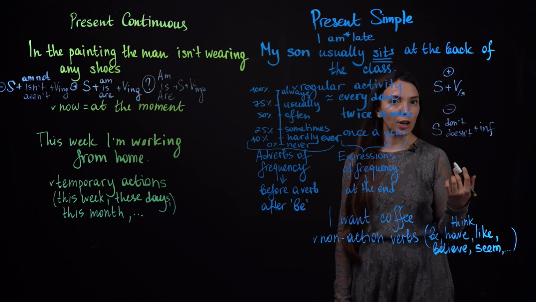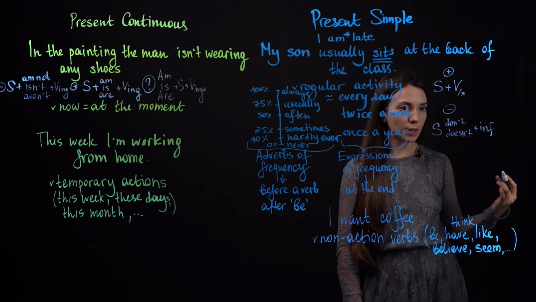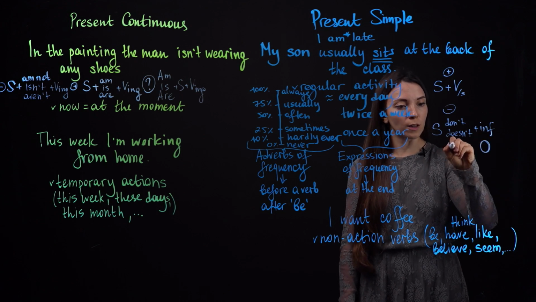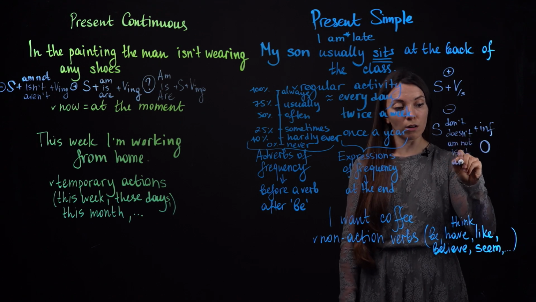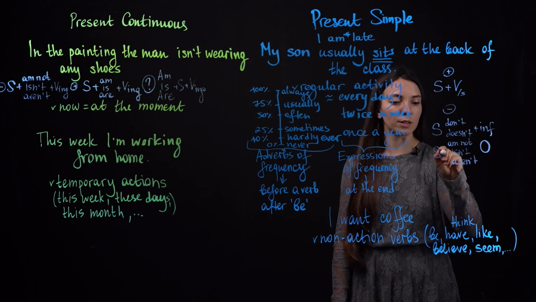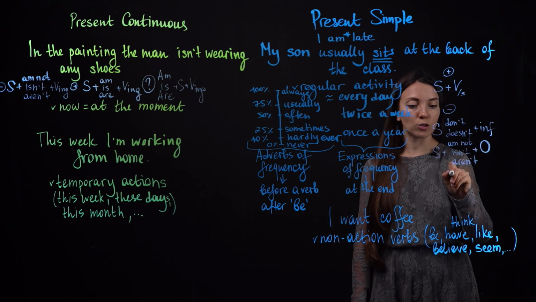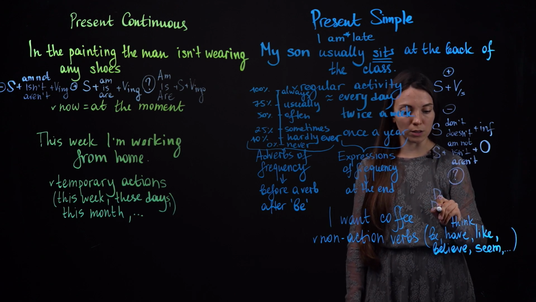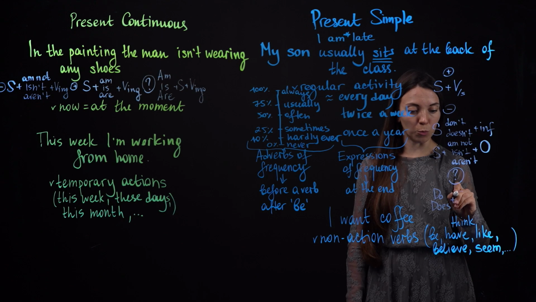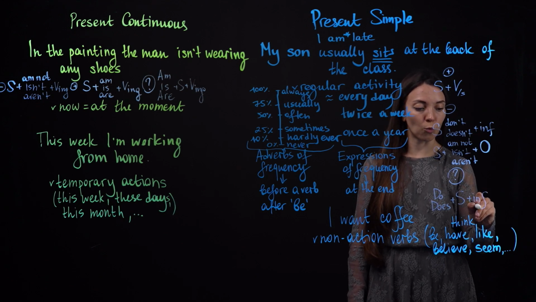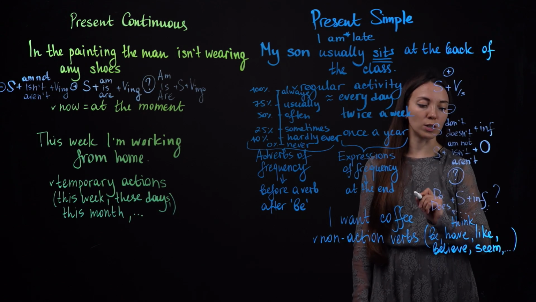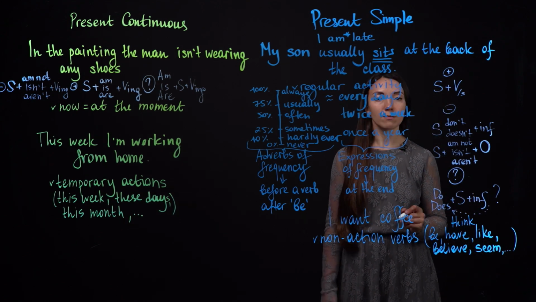If we have be, like I am not a doctor, we will use am not, isn't, or aren't with the subject. And in questions, we'll use do or does with subject and the first form of the verb. No s, because s will go to does. Okay, thank you very much.